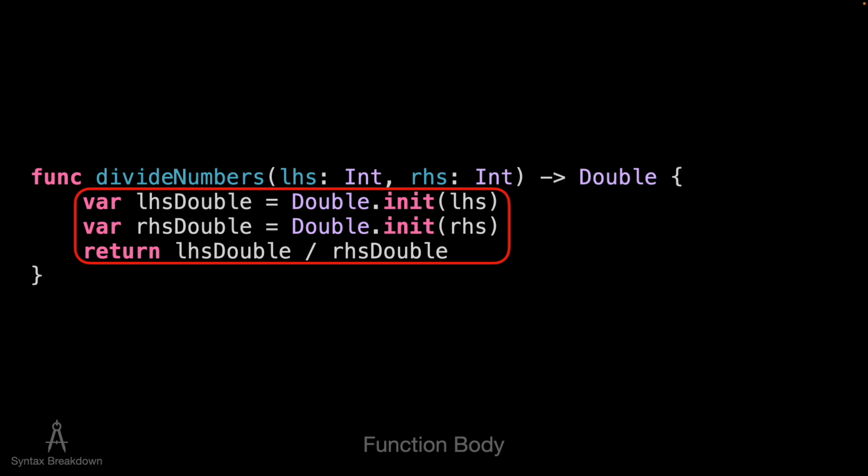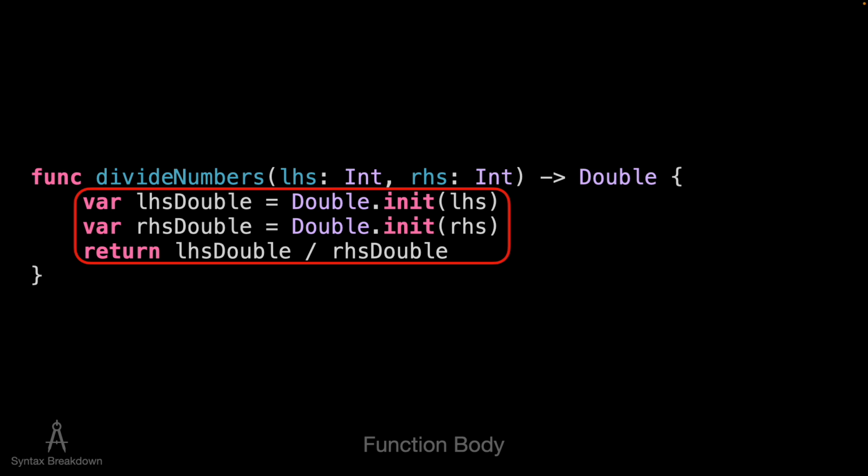In this case, we have a few lines of code that are taking in two int values, turning them into doubles, performing division, and then returning that divided double, or the quotient, if you will, okay?